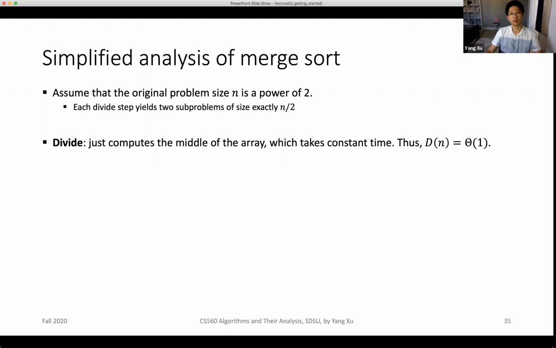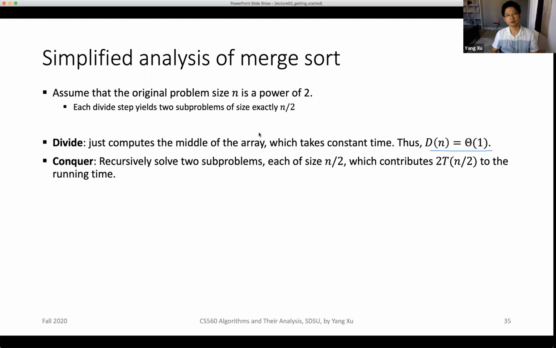So in the case of merge sort, the cost of dividing is a constant amount of time. And for conquer, we need to solve 2 subproblems, and the size of each subproblem is n/2, which contributes 2 times T of n/2 to the running time. That's the cost of conquering all the subproblems.